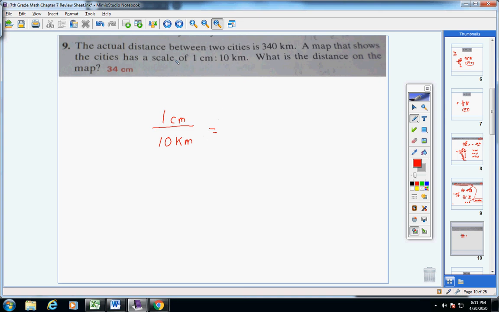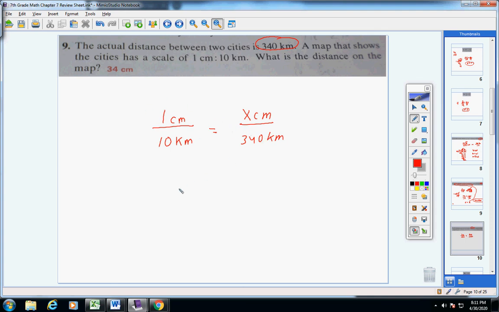So, the actual distance, my real life distance, is 340 kilometers. So, on the map, 1 centimeter on the map equals 10 kilometers in real life. So, I have x centimeters on the map per 340 kilometers.